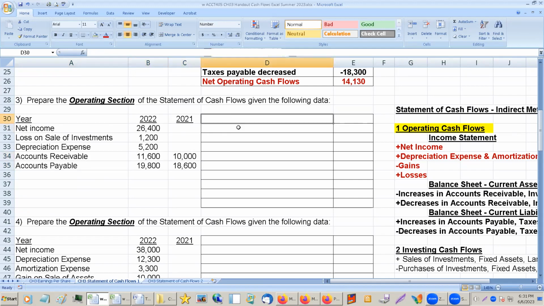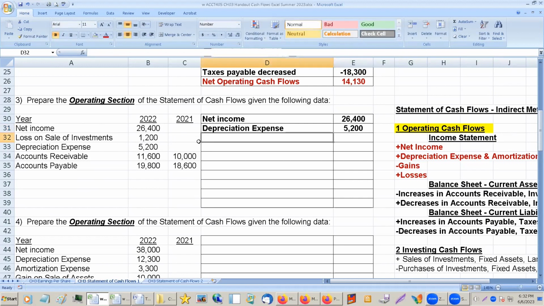Okay, everything starts out the same. Net income. Money coming in. Depreciation expense. It's added.